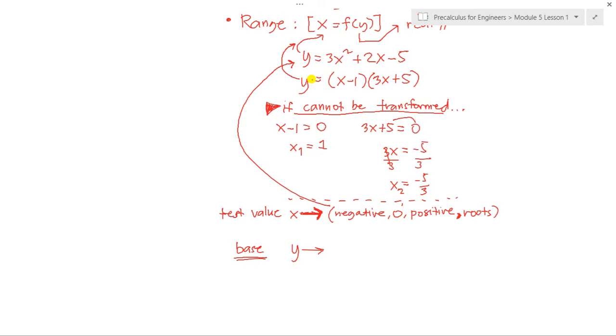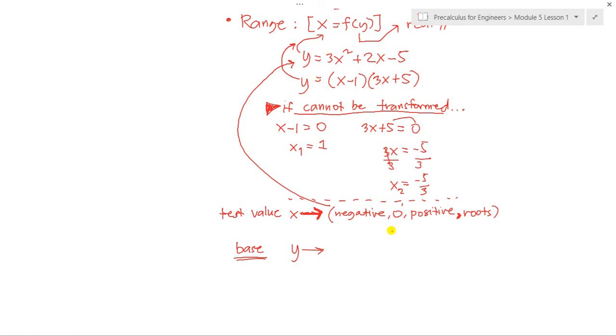What would be our answer, class? Positive, di ba? Okay, positive. So thank you for the confirmation.